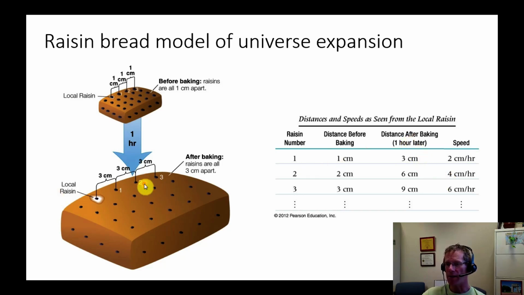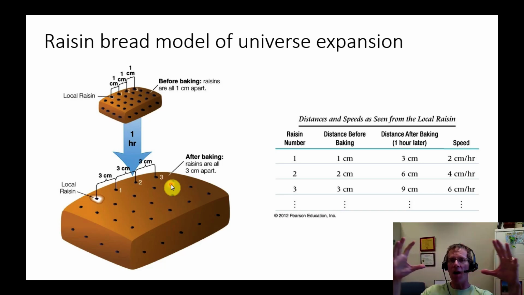The next raisin has moved 6 centimeters away. It used to be 2, now it's 6, so it's moved 4 centimeters in that hour. The last one used to be 3, now it's 9. 9 minus 3 is 6, so it's moved 6 centimeters in that hour. So the more distant raisins seem to be moving away from the local raisin quicker.